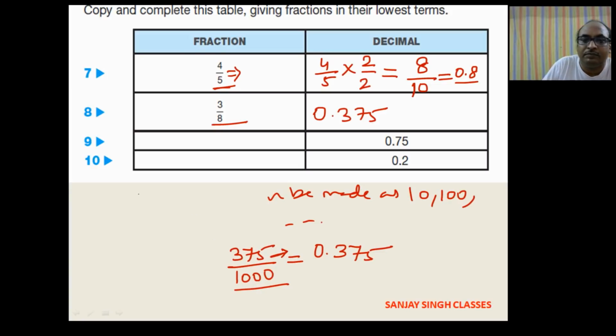Right. So long division method means 3 is being divided by 8. As 3 is smaller and 8 is larger, we will not be able to divide this 3 by 8. We need to make this 3 greater than 8. So how will we make it? We need to put a decimal. If we put the decimal, a 0 gets added here.